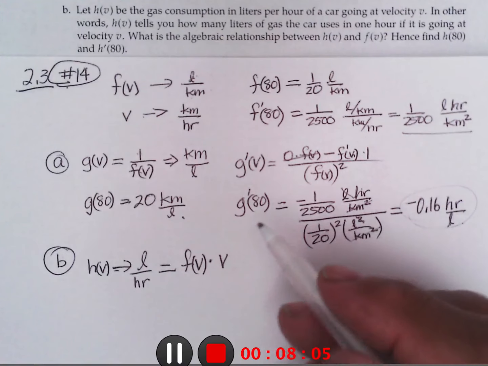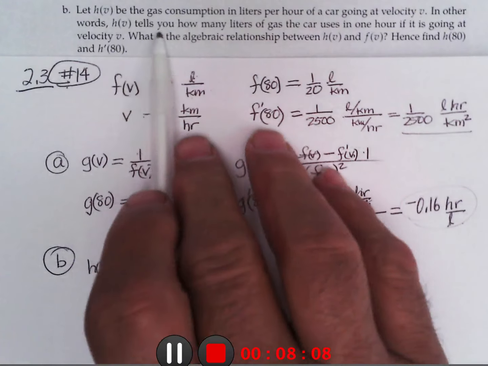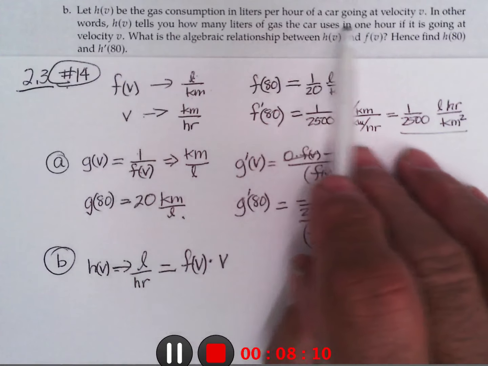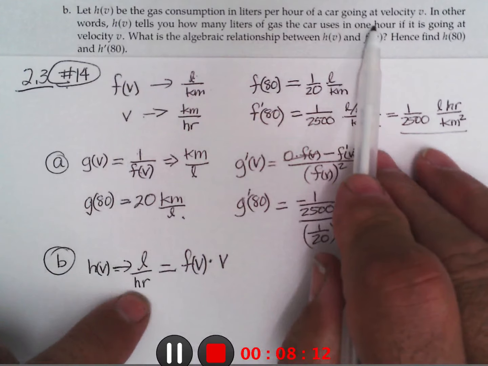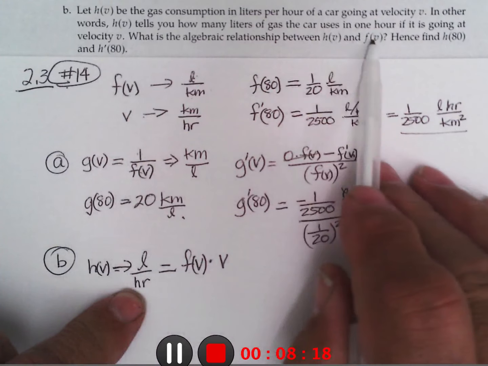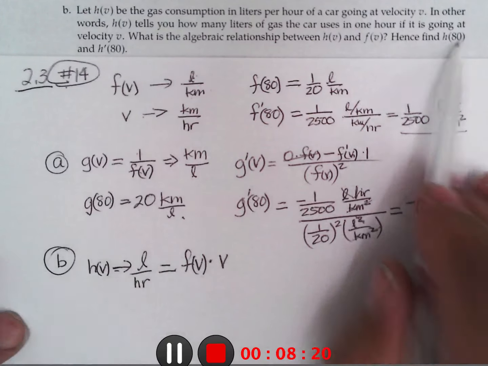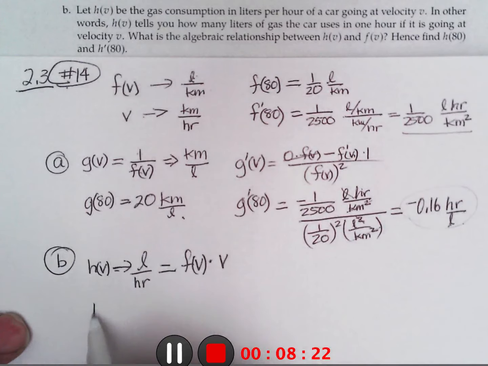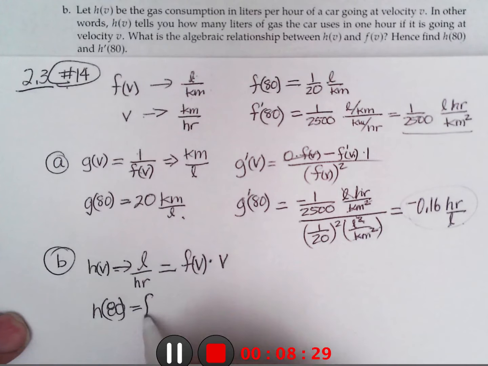They're saying it tells you how many liters of gas a car uses in 1 hour, liters per hour, going at velocity V. What is the algebraic relationship between these? Now find H of 80, which is going to be F of 80 times V, which is 80.